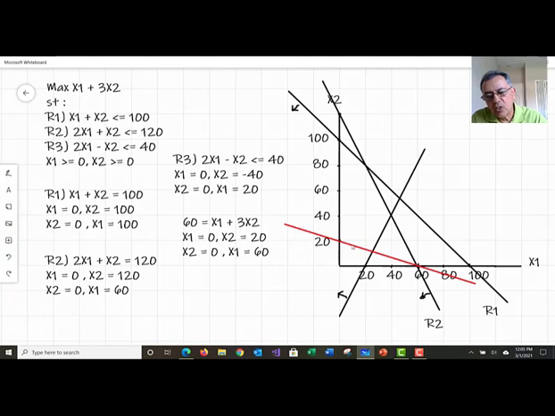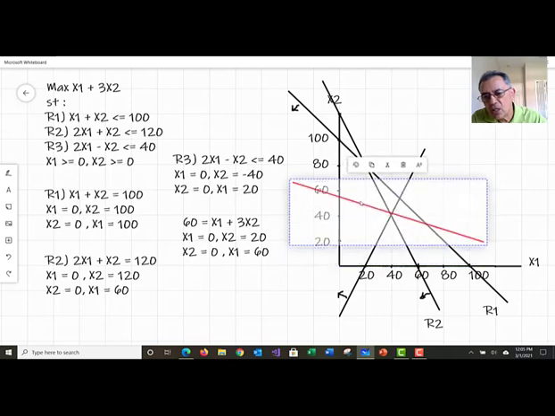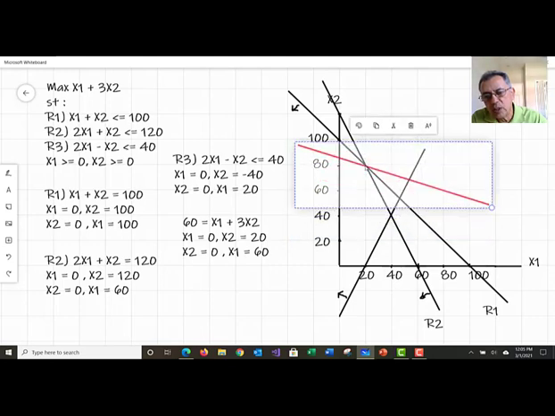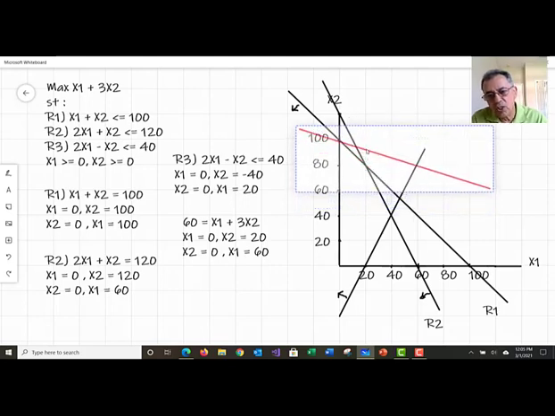So if I move this line, notice that I'm not changing the inclination or the slope of the line. I can set it here, that would be fine. I can go up here, that gives me another coordinate point solution, but that still is not leaving the feasible region.